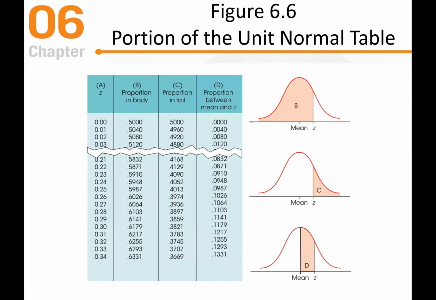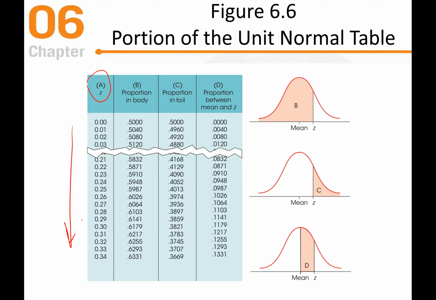This is what the unit normal table looks like, and I'm going to go over this. In column A, we have the z-scores, going up to a z-score of, I believe, 4. These are all the z-scores listed in order from 0.00 all the way to 4.